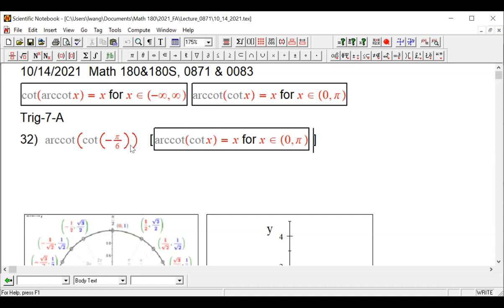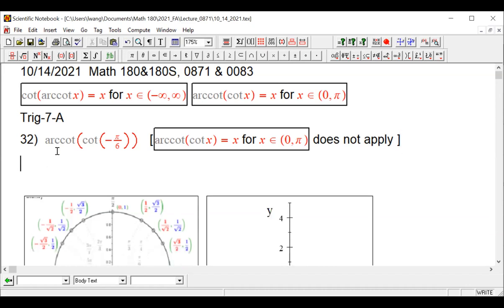Well, to apply, this angle has to be between 0 and pi. Obviously, it does not apply. So what do you do? We have to do it from inside out.